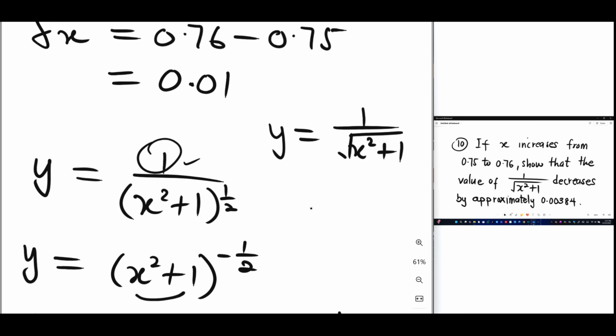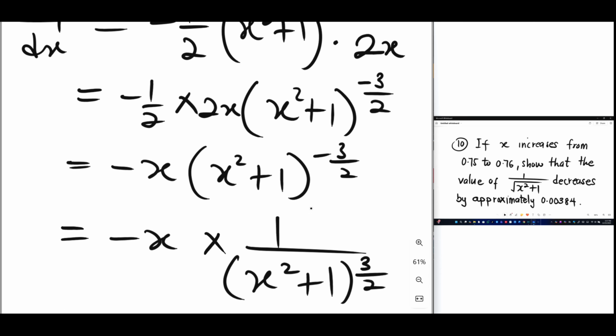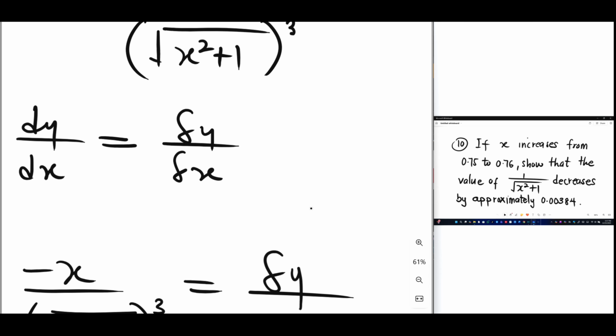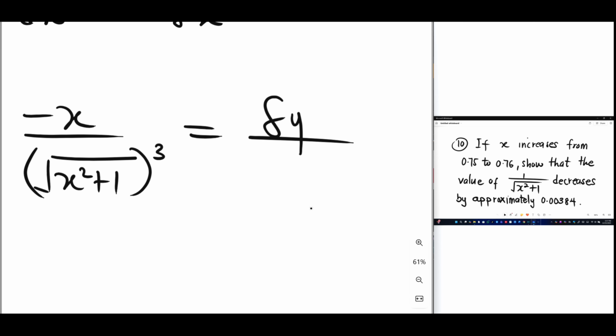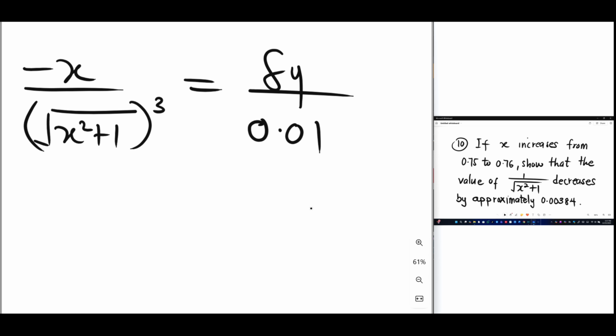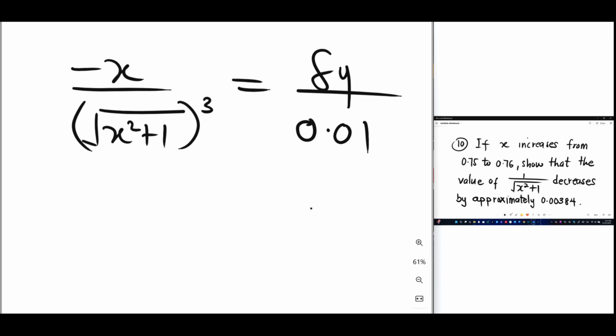Small change in x is 0.01. Alright, we are going to replace it with 0.01 over here. Okay, so now let us make the small change in y the subject. If you don't want to make it the subject, you can substitute the values of x into the expression. So x is equal to the first value, that is 0.75.